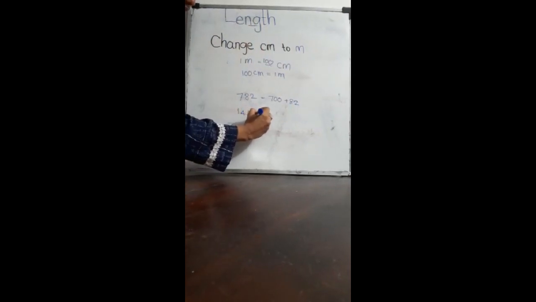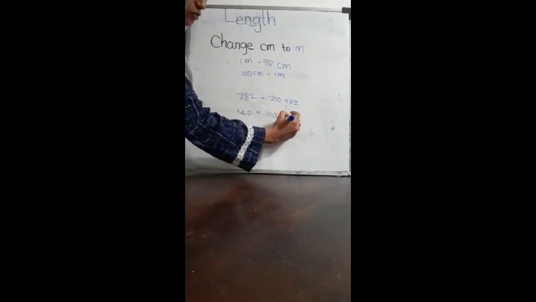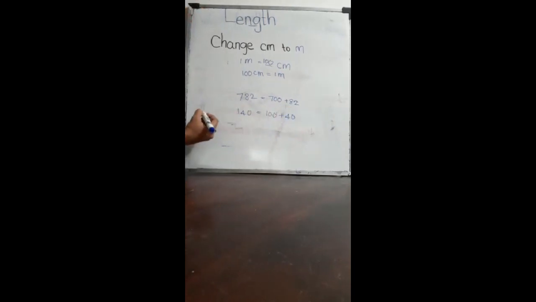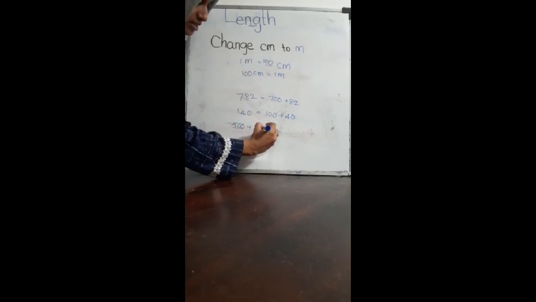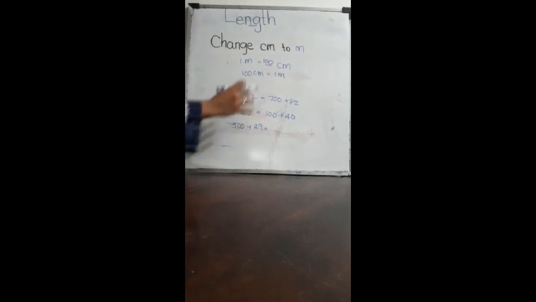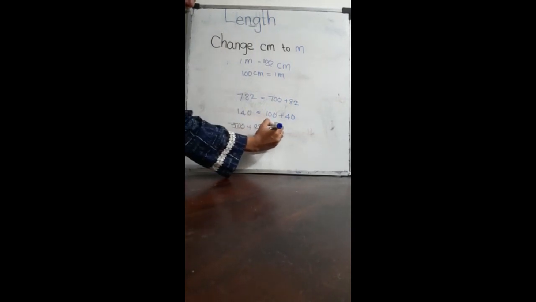How can we write it? We can write 100 plus 40. Right. Again, 500 plus 29. Now, without using the column method and adding, just look at this number and answer me quickly. What answer comes now? 529. It's simple.